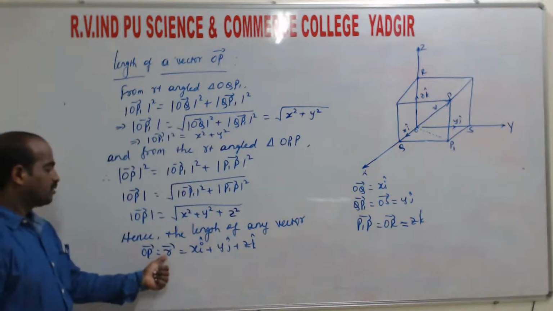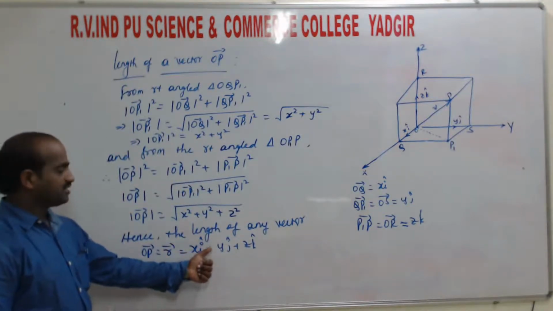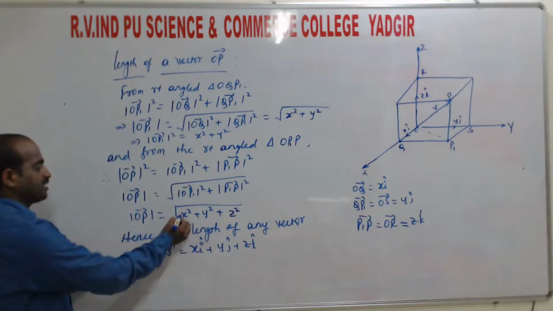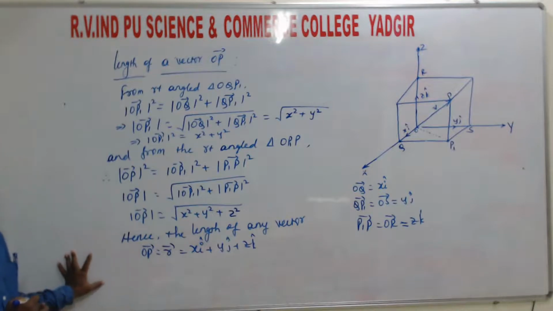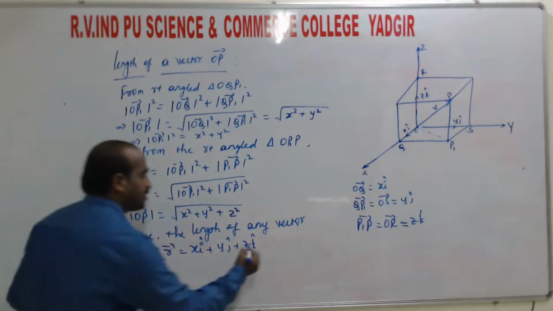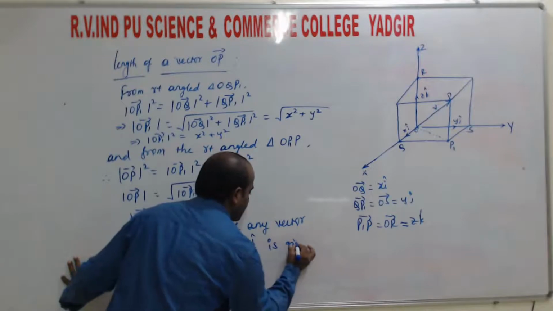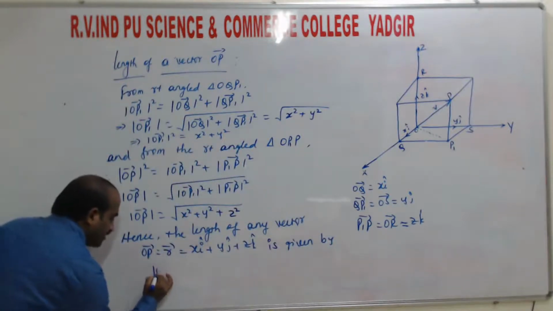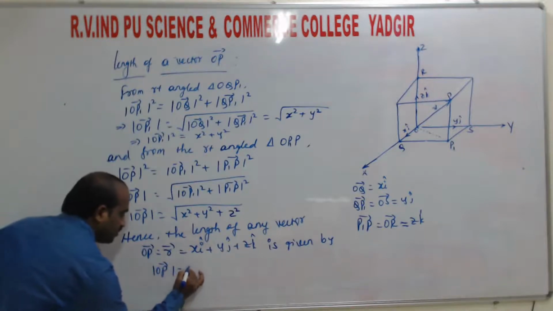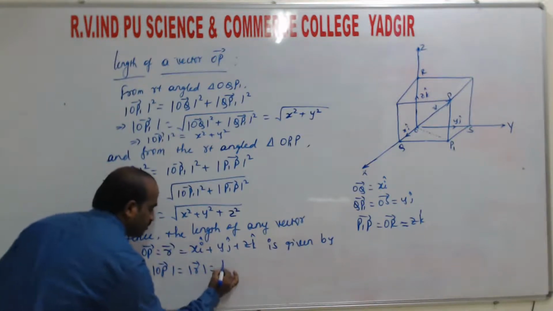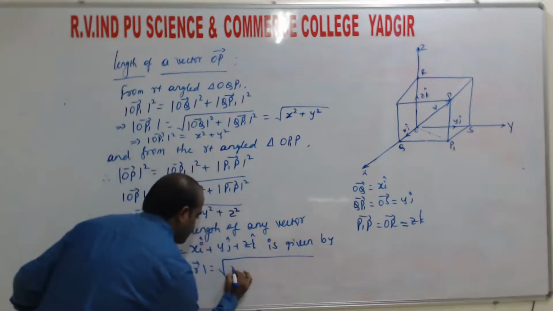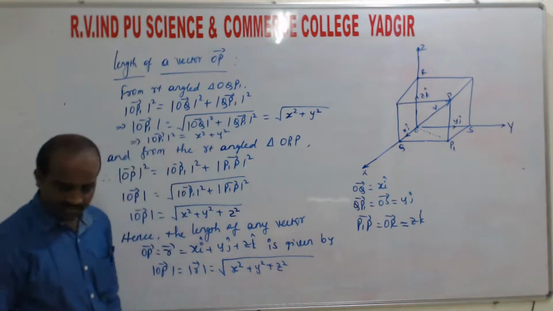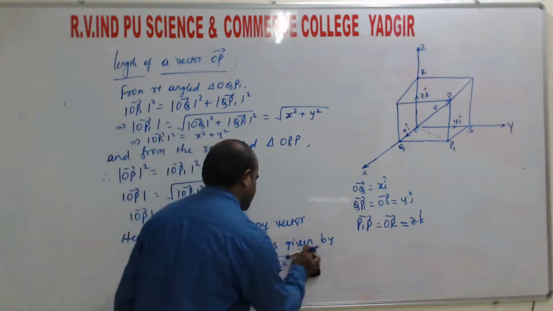OP vector is equal to R vector is equal to xi plus yj plus zk. Then magnitude of OP vector is given by root of x square plus y square plus z square. This is the length of a vector.